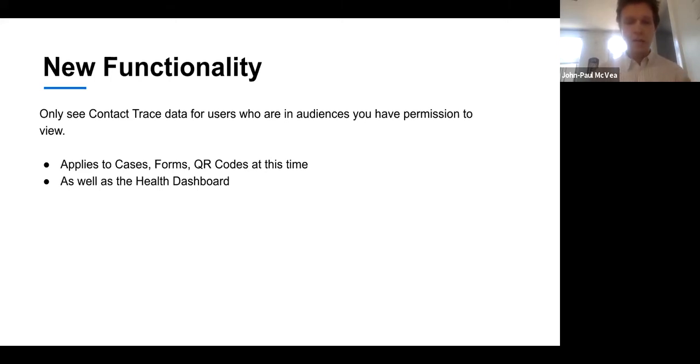You can grant an admin access to an audience, and then they can see data for students who are members of that audience, but they can't see data for other users. Or you can grant access to all audiences, and then your admin will be able to see data for any student in any audience. So let's see this in action.